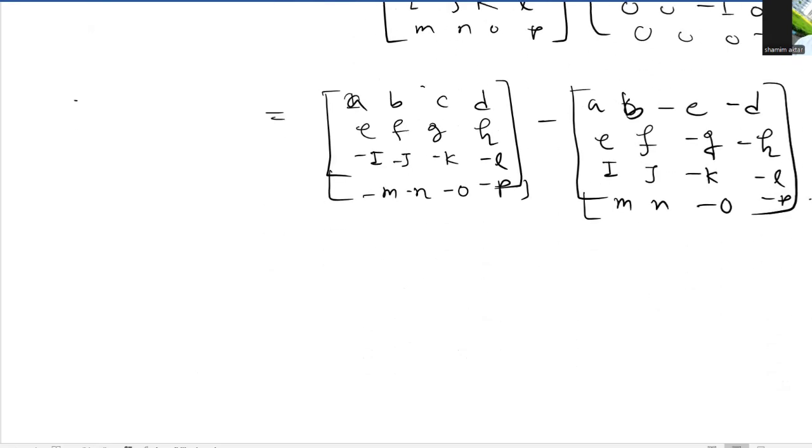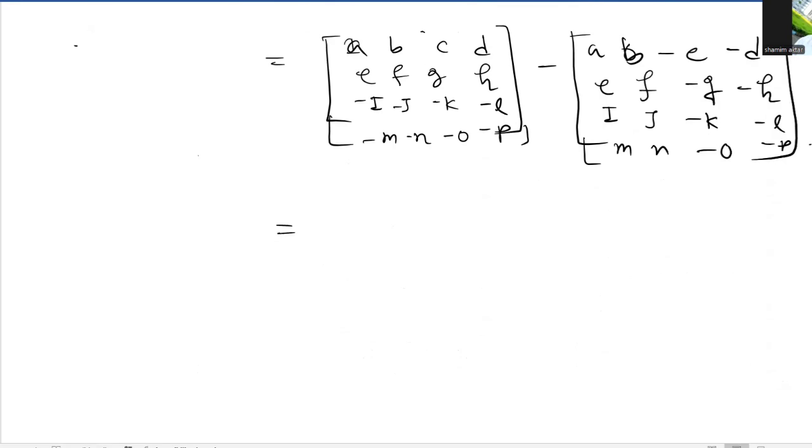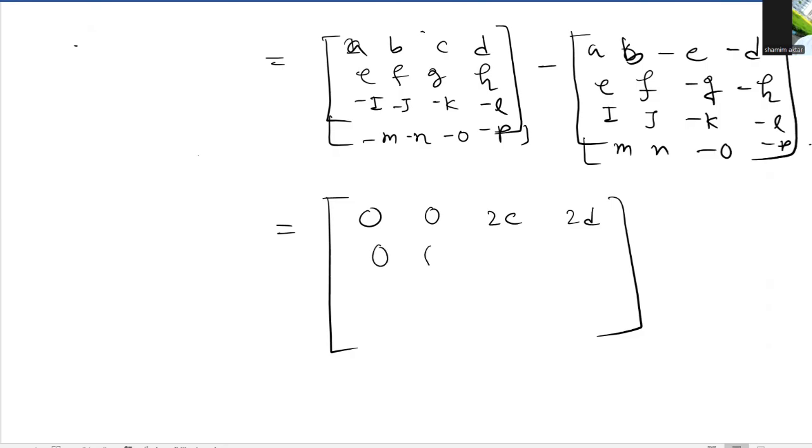So we have the first row 0, 0, 2C, 2D. The second row is 0, 0, 2G, 2H.